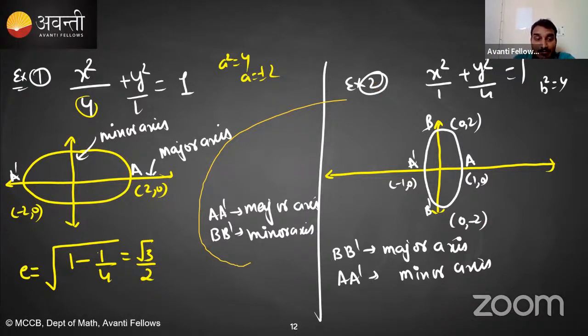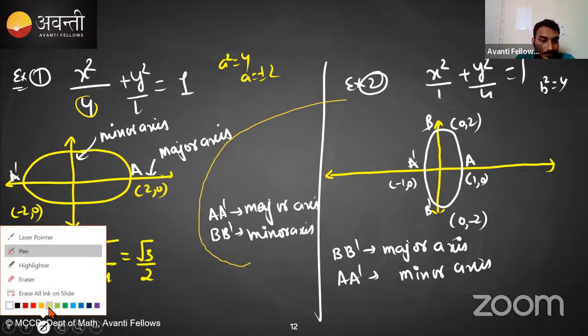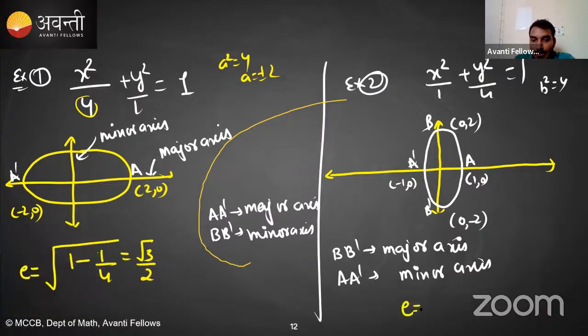So now in this case, what is the eccentricity? Tell me. Eccentricity is under root of 1 minus, sorry, the minor axis length is 2, upon the major axis length, which is 4.